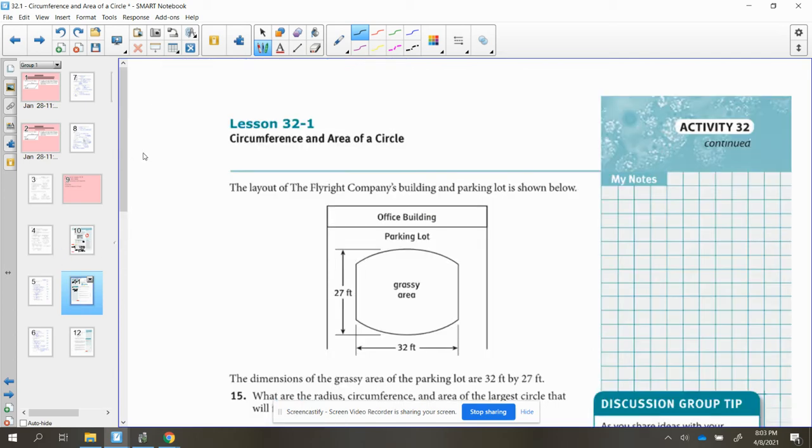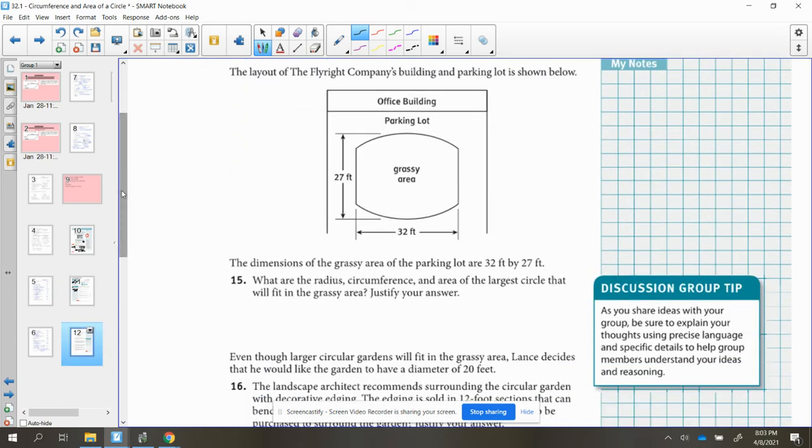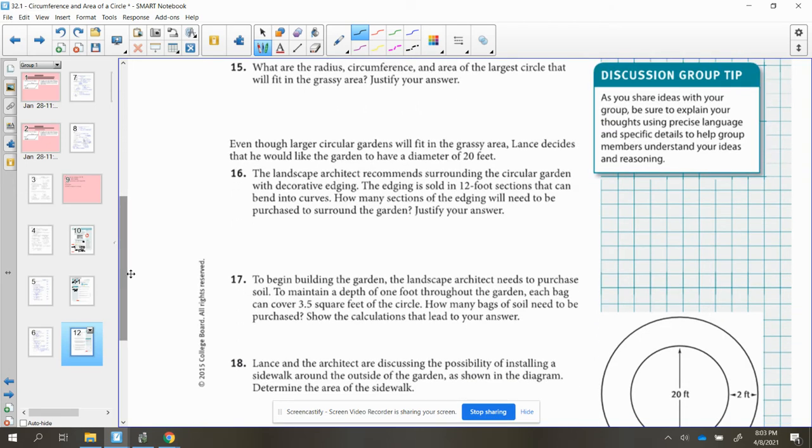Now, how do we use these formulas, right? There's got to be a time that we use our formulas in order to solve things. So, for instance, if we are looking at the circumference of a garden that has a diameter of 20 feet, well, if we're given the diameter is 20 feet, we probably want to use the formula that pi times diameter is going to equal our circumference, right?